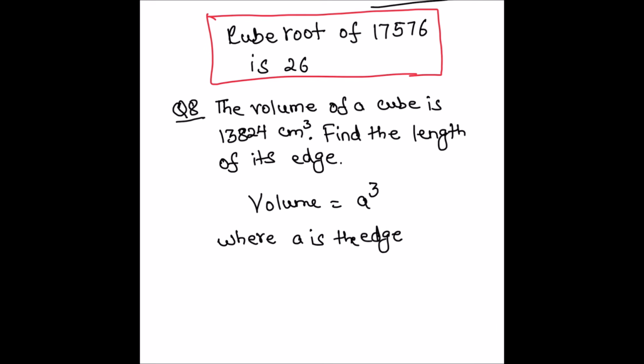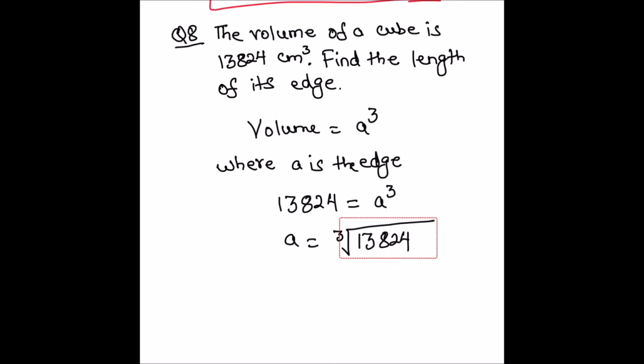So volume is given as 13,824 equals a cube. To find a, we need to find the cube root of 13,824. For finding the cube root of 13,824, we are going to use the prime factorization method.